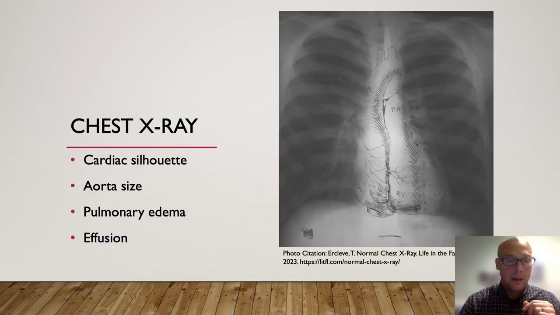Let me go back. If you're looking up in here, so this mediastinum here, if that's way wider than what it's supposed to be, that may be an indication that the patient may have an underlying thoracic aneurysm. So that can be caused by elevations in the high blood pressure, or maybe a secondary cause as well.